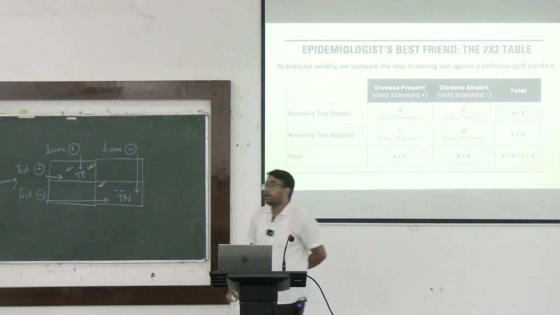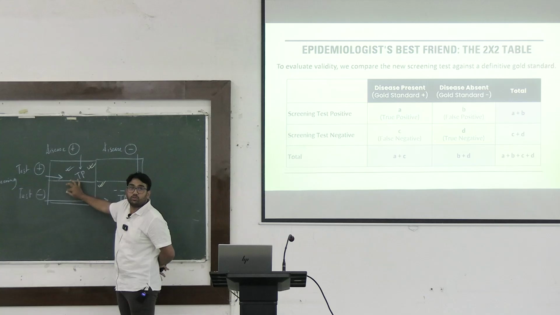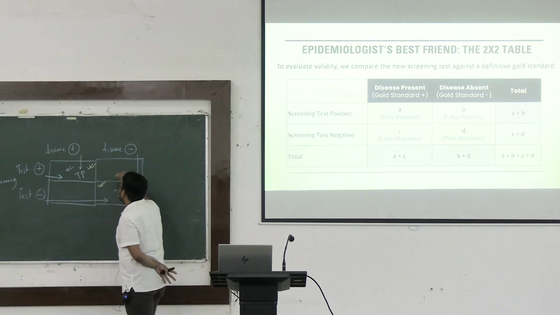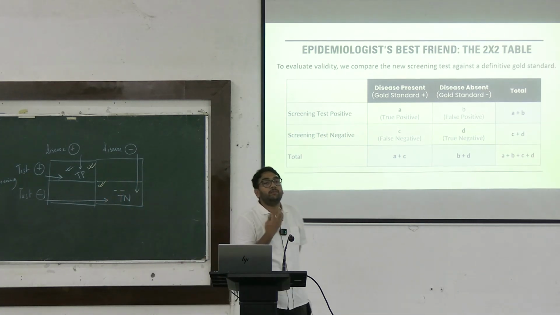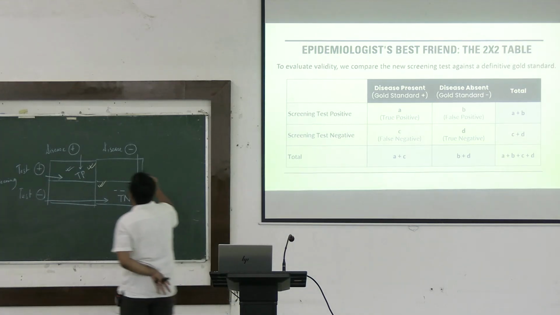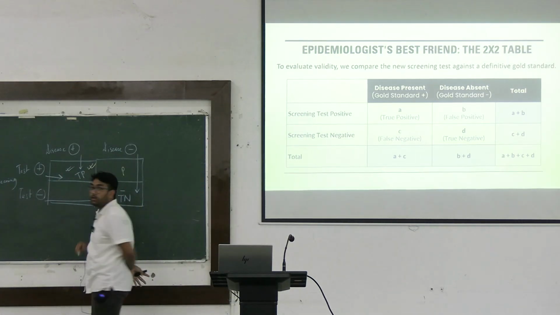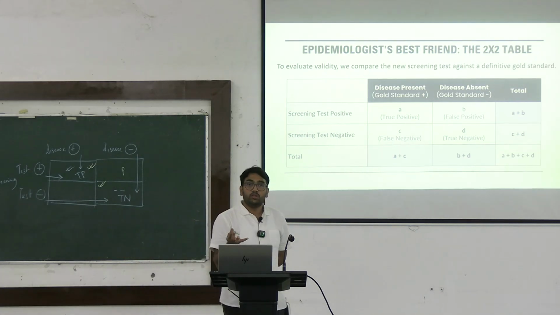What will happen? The screening test, in its attempt to detect disease among those who have disease, will end up detecting disease in some people who do not have the disease. So what is the screening test telling me? That these people have the disease. That is, the screening test is telling that these people are also positive. But is that positive true?